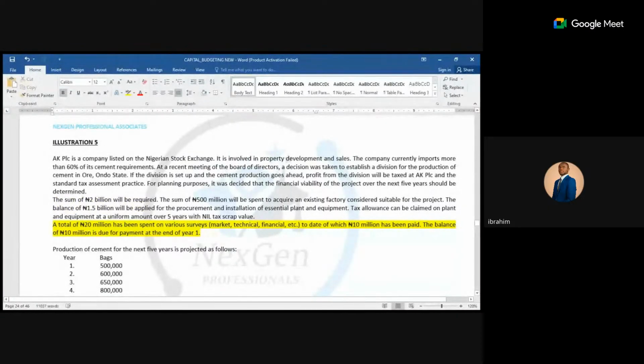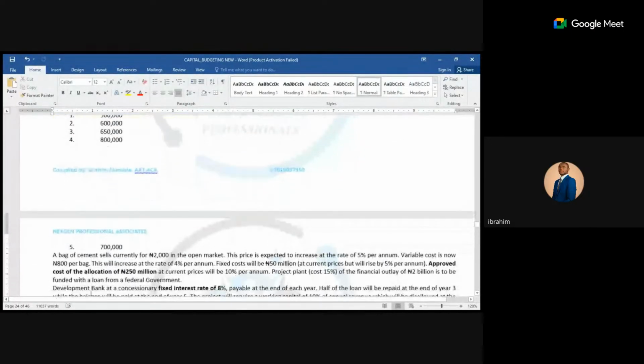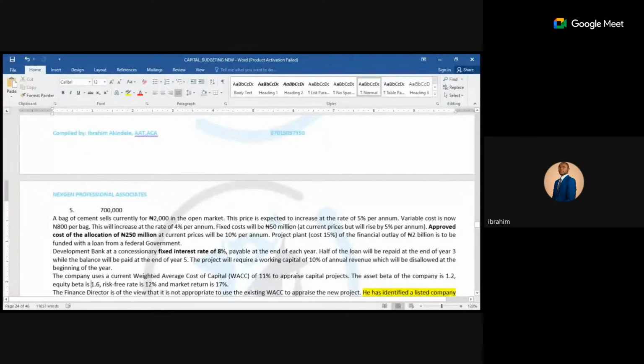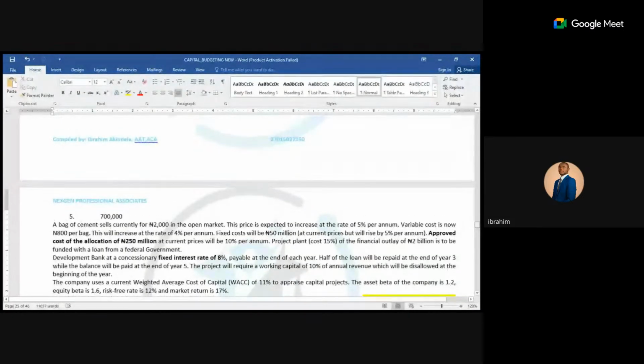Now let's start our adjustment from the selling price. We're told that a bag of cement sells currently for 2,000 in the open market. This price is expected to increase at the rate of 5% per annum.